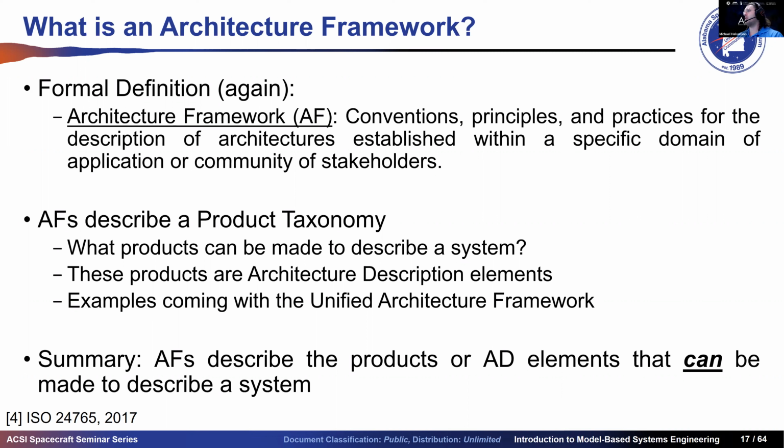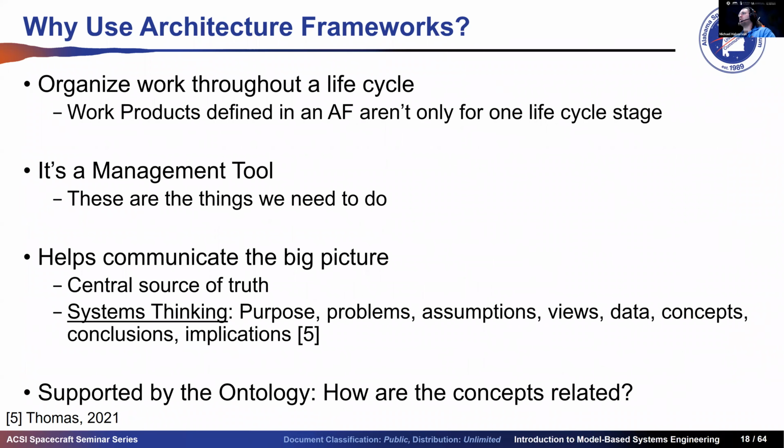That's an important part of this. So we're going to talk about a couple of architecture frameworks here shortly, but the big takeaway is this is a taxonomy of all of the things, all of the products or architecture descriptions that could be made to describe an architecture or system.